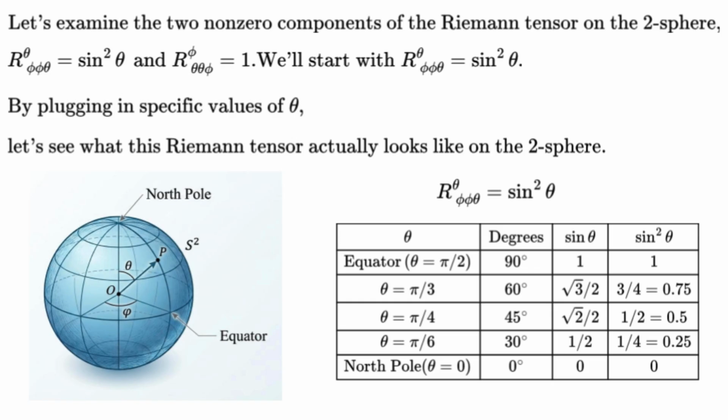Let's examine the two non-zero components of the Riemann tensor on the two-sphere, R^θ_{φθφ} equals sine squared theta and R^φ_{θθφ} equals 1. We'll start with R^θ_{φθφ} equals sine squared theta. By plugging in specific values of theta, let's see what this Riemann tensor actually looks like on the two-sphere.